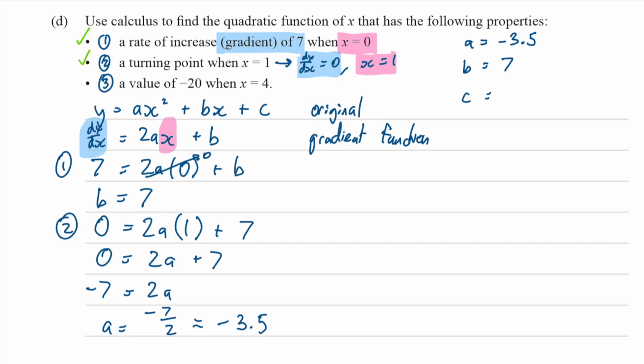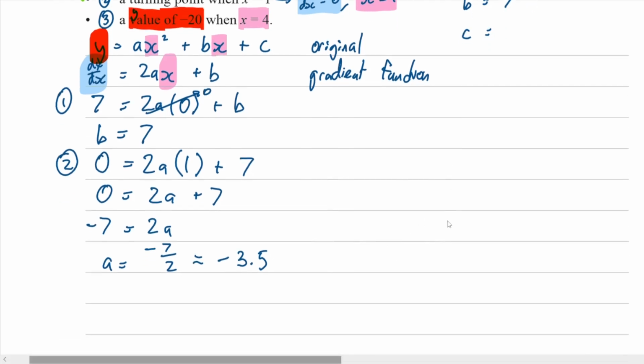Alright, and finally, bullet point 3, it has a value, so the y value, right, is negative 20 when x equals 4. So how is this one different to the other 2 bullet points? Instead of giving us the gradient, it's given us the y value. So we will need to use the original function when x equals 4. Alright, so let's use that now.